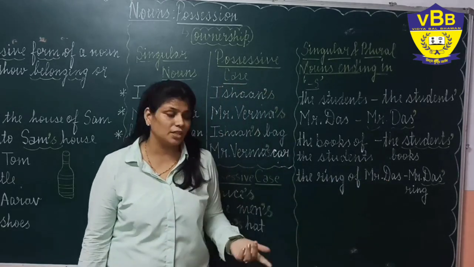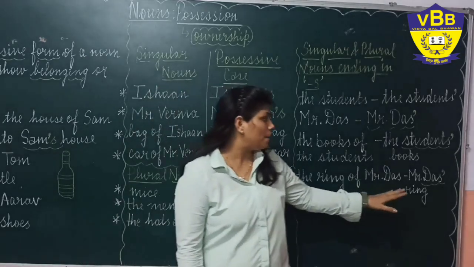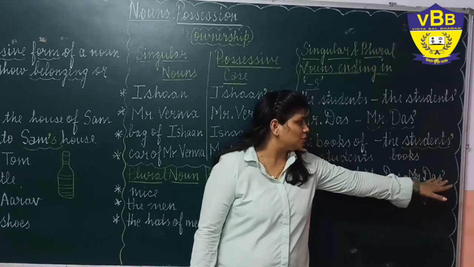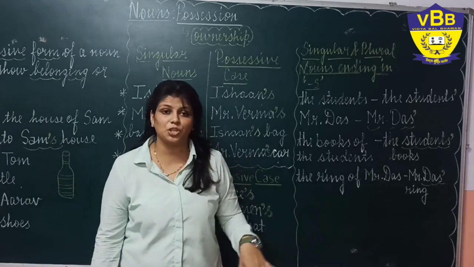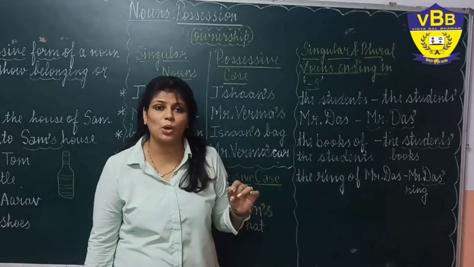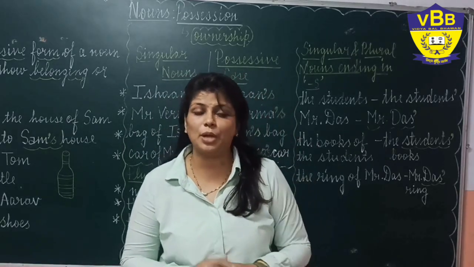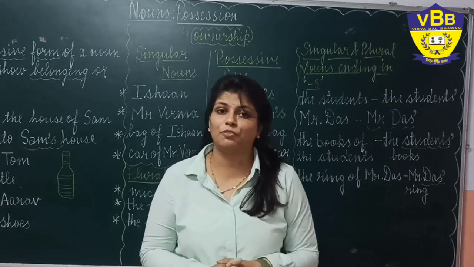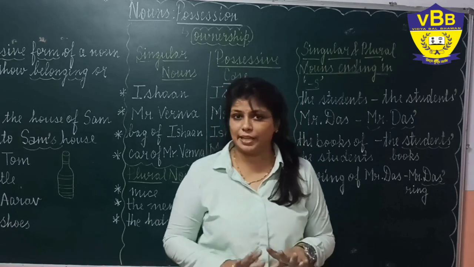Whose ring is it? Mr. Das's ring, written with an apostrophe after Das to change it into the possessive case. So these things you have to keep in mind. You have to be very particular about where you add apostrophe and where you add apostrophe S to change the nouns into their possessive case.